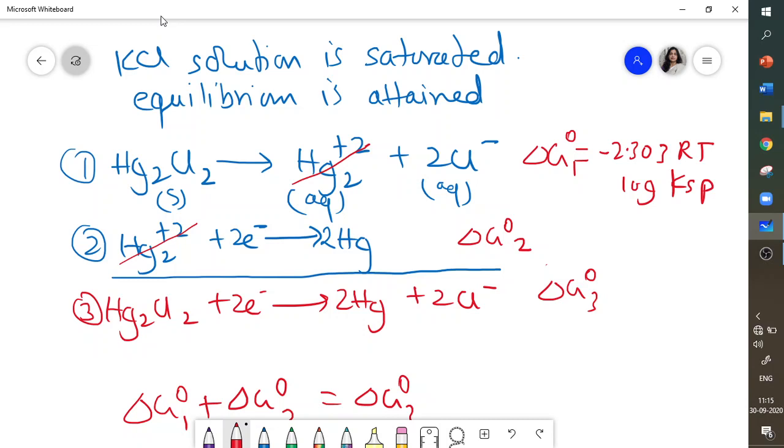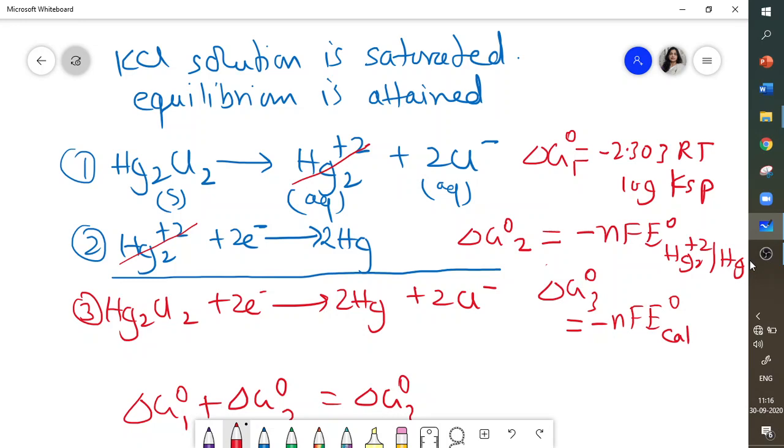For this, because a reduction is undergoing, delta G naught is minus nFE naught, and this E naught is for reduction of mercury, so I will write Hg2 plus 2 to Hg. And delta G naught 3 is again a reduction, so here also I can write minus nFE naught of calomel.